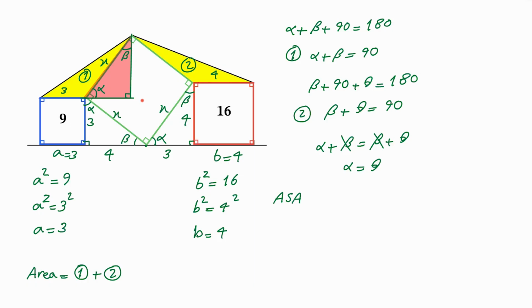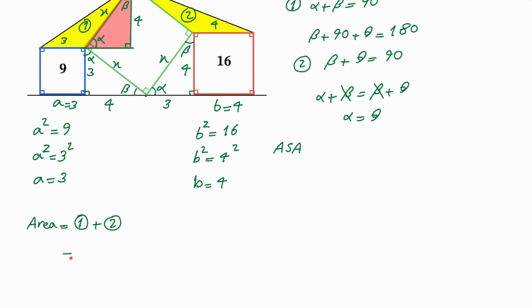So this length is 4. So we found the height length, so we can go and find the area of region 1. So we can write the base is 3 and the height is 4 divided by 2.